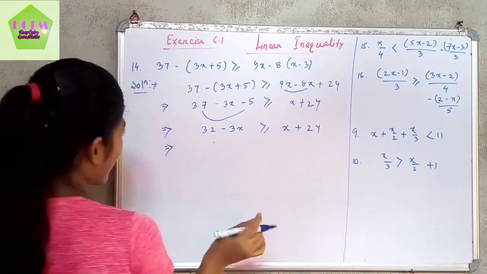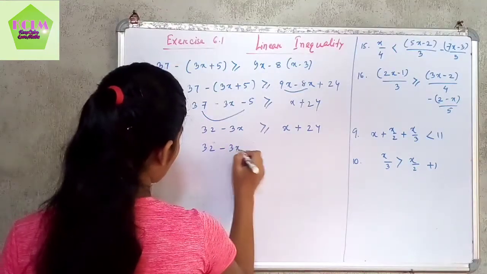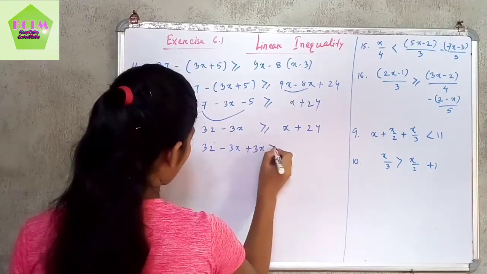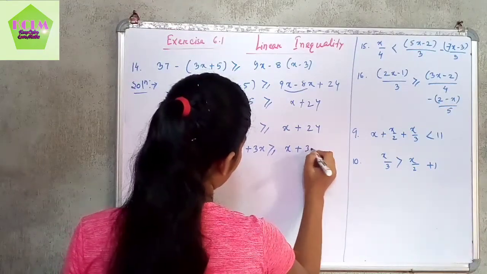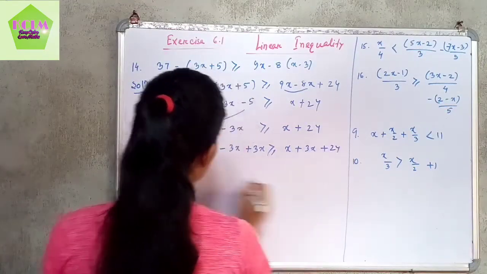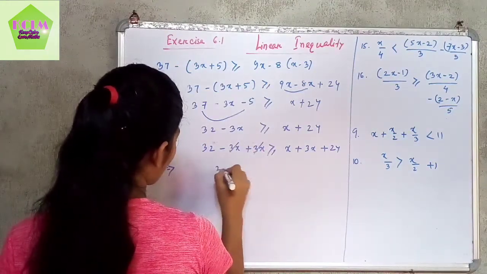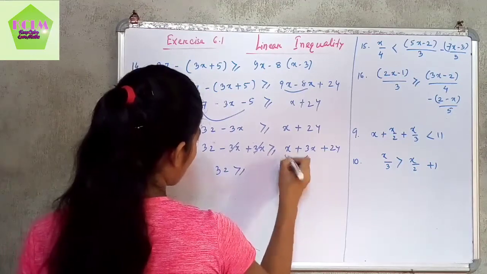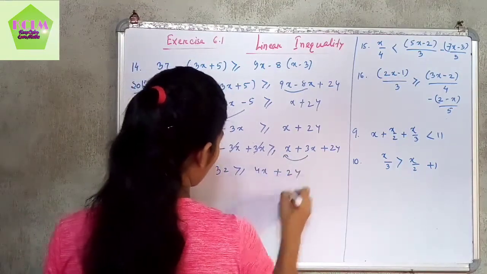Since we need to find the value of x, we add 3x on both sides. Then this cancels out, and 32 is greater than or equal to 3x plus x, 4x plus 24.